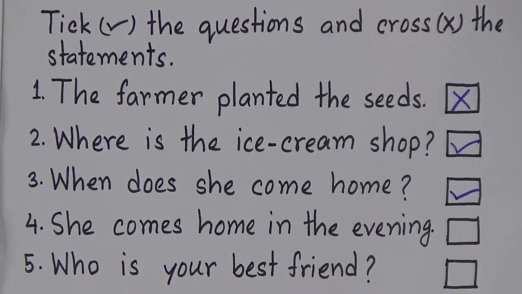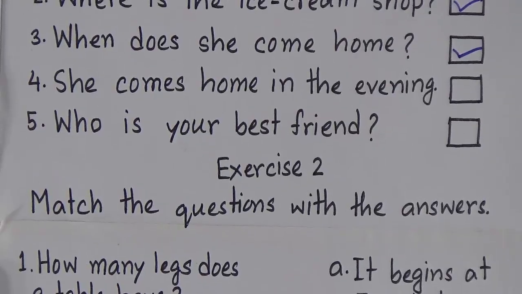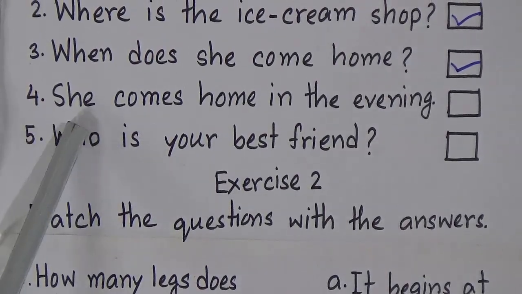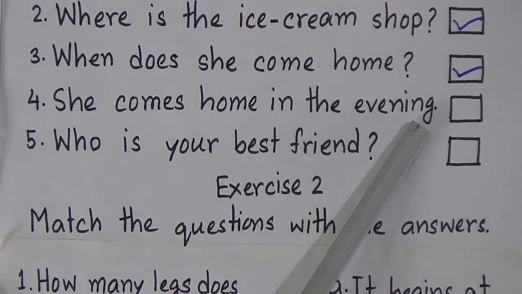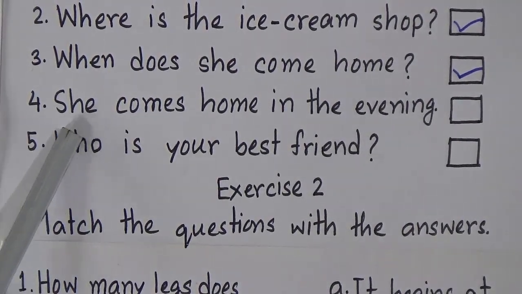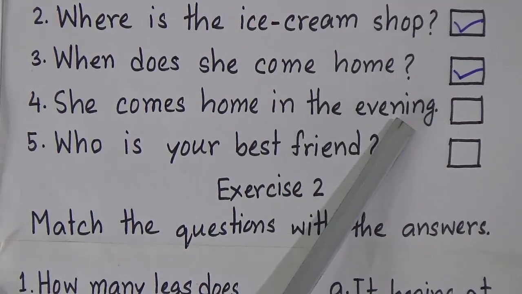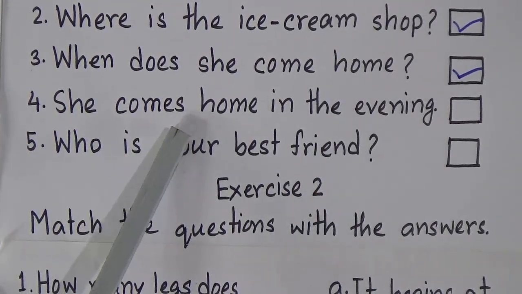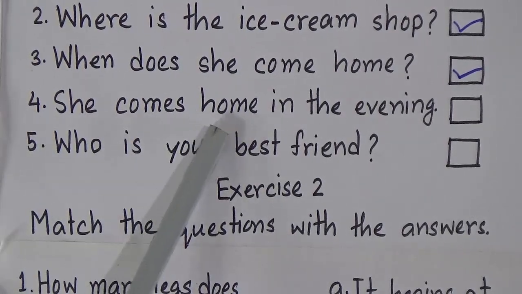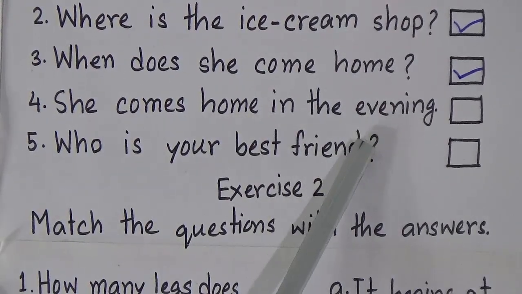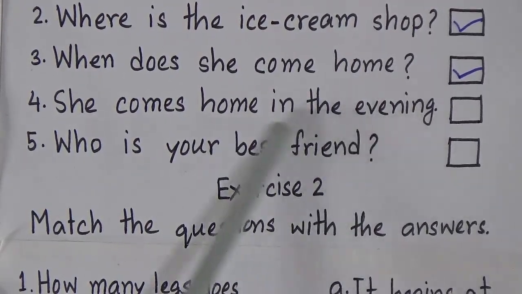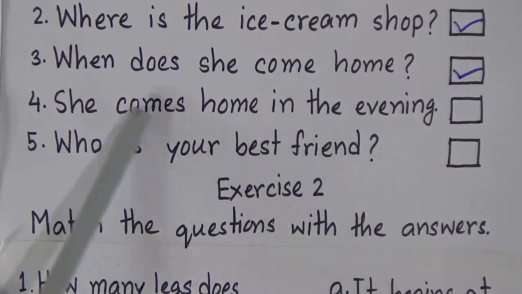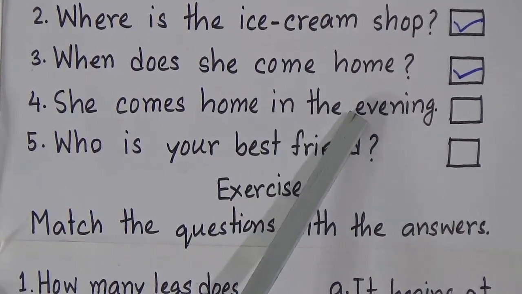Now number 4, she comes home in the evening. Now look, we got our information about a person who comes home in the evening. That means the sentence tells us about someone.